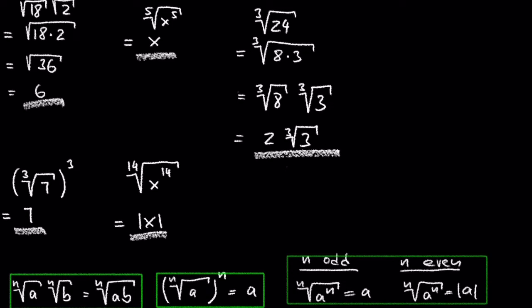Let's look at the square root of 8. Feel free to pause the video and try this simple example on your own. The square root of 8 is equal to the square root of 2 times 4, which is equal to the square root of 2 times the square root of 4.